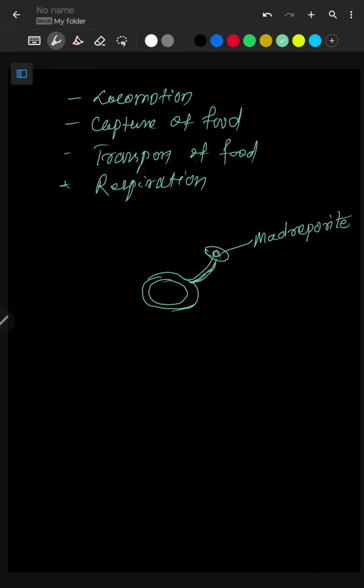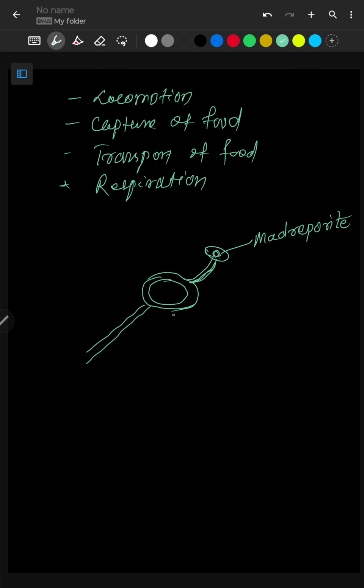Okay, so these are not given in your textbook, but I'm explaining so that a clear picture of the water vascular system will be in front of you. So here, as you know, most of them are pentagonal.